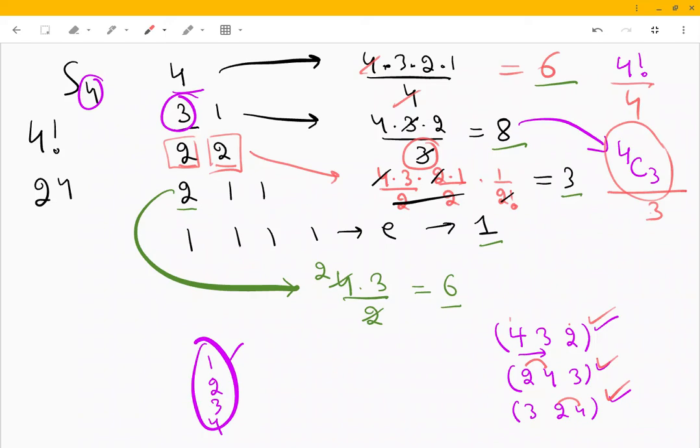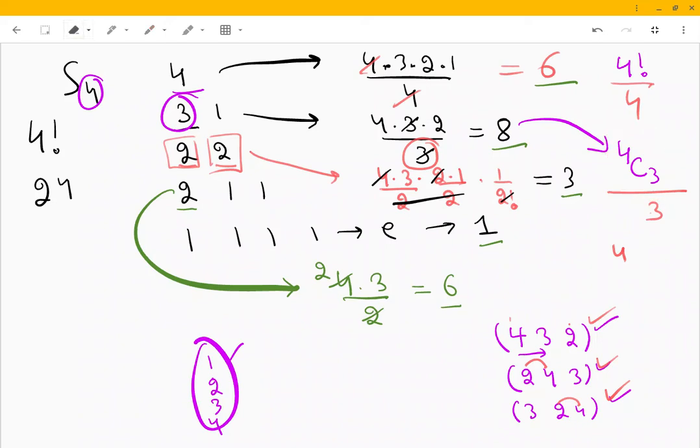And 4C3 is what? 4C3 is 4. It is just 4. 4C3 is 4C1. Yeah. Oh, yeah. My bad. See?